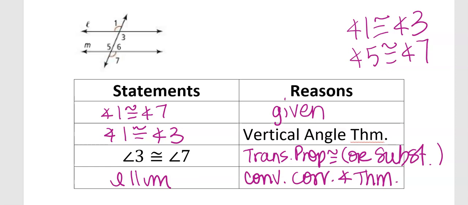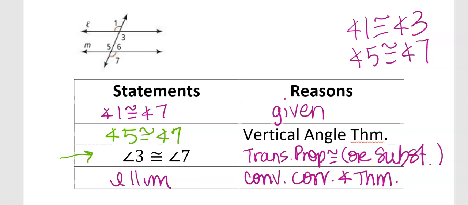So if I go back and let's say at the beginning I wanted to use 5 and 7, would that have worked? Okay, so I'm going to take it out. You guys leave it the way it was. I'm going to change colors just to show you that this is just something I'm showing you. If I put angle 5 congruent to angle 7 in there, what would this step right here have to be?